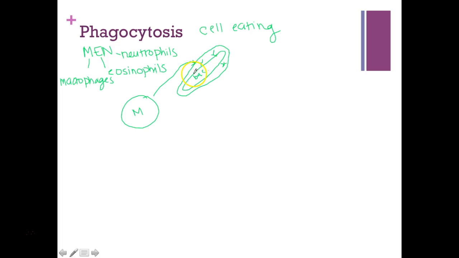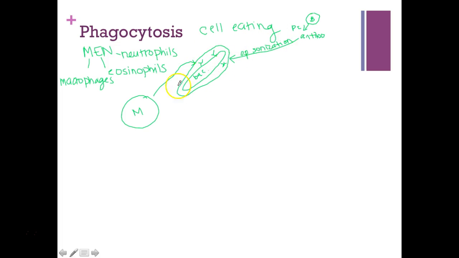And what our adaptive immunity is going to be responsible for doing, we're overlapping here a little bit, is our B cells will create antibodies. Before that we have plasma cells, but we're going to get into that later. Antibodies that will go and coat this bacterium, and this is called opsonization.